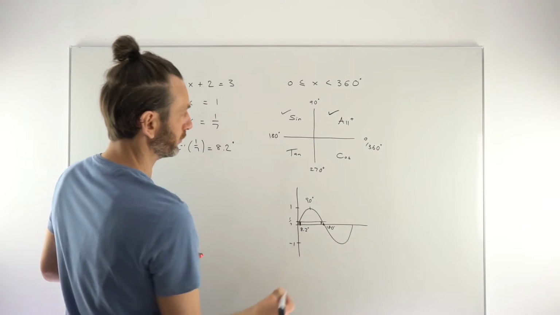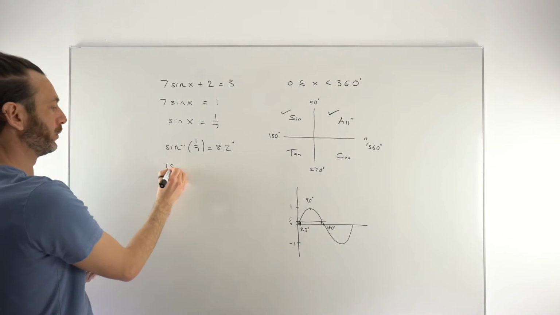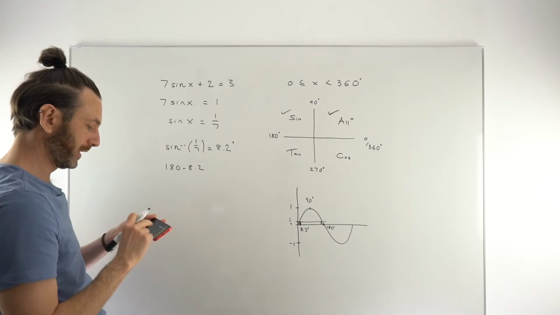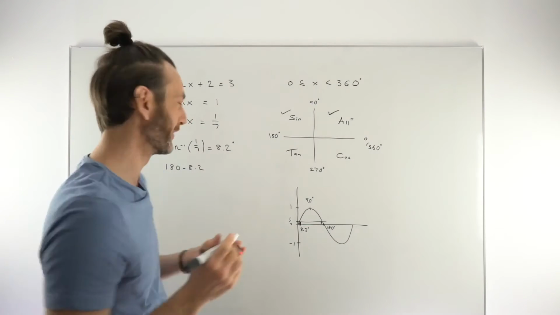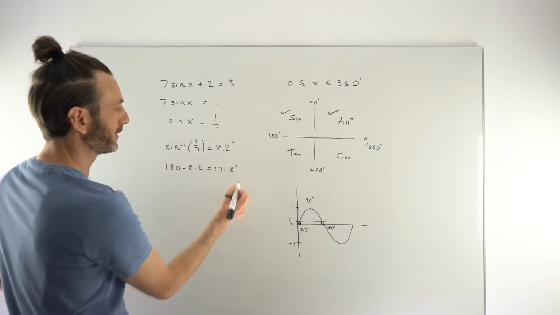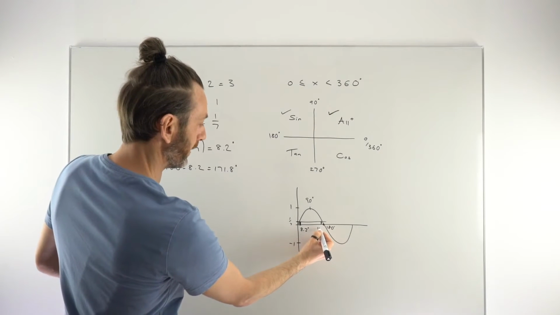So that's 8.2 degrees. The second one we're going to get by doing 180 minus 8.2. We could probably have done that without the calculator. That comes out to be 171.8 degrees. And again, that's in the right quadrant and also in the right place according to the graph.